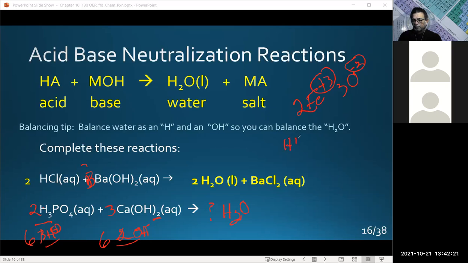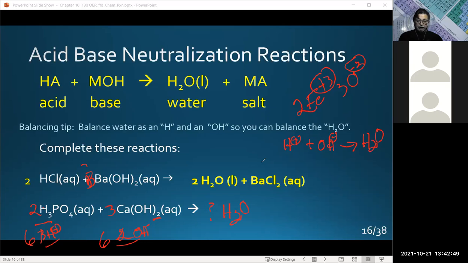Remember the ratio? 1 proton plus 1 hydroxide gives me 1 water. And so if I have a billion protons, how many hydroxides do I need? I need a billion hydroxides to neutralize the billion protons. How many molecules of water am I going to make if I have a billion protons and a billion hydroxides?